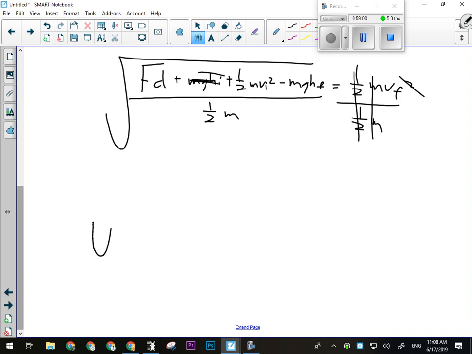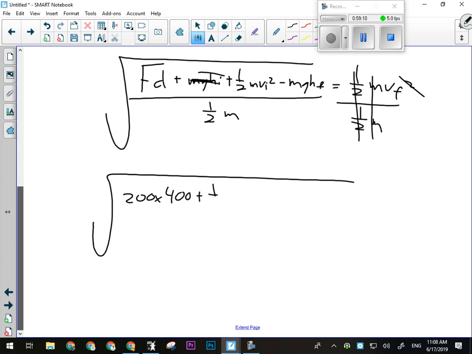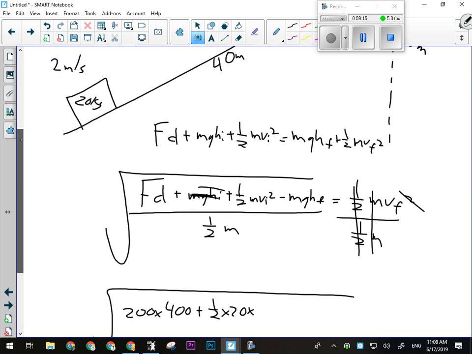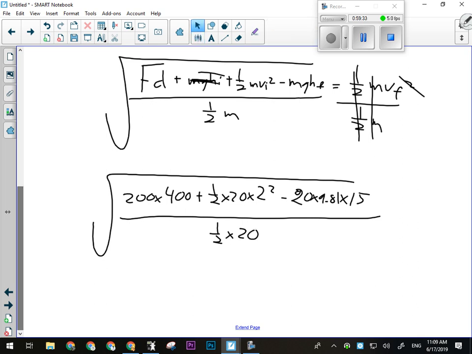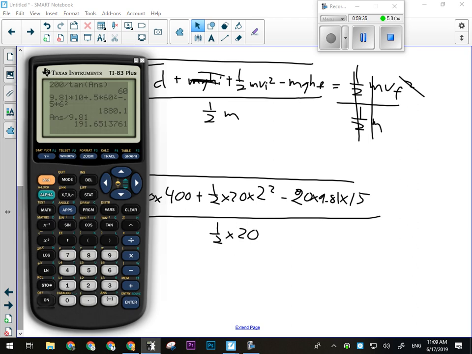So what I'm going to end up with is 200 times 40 meters, plus 1/2 times 20 kilograms times 2 squared, minus 20 times 9.81 times 15, divided by 1/2 times 20. That should give me my final speed. I hope this works out because I just picked these numbers at random.